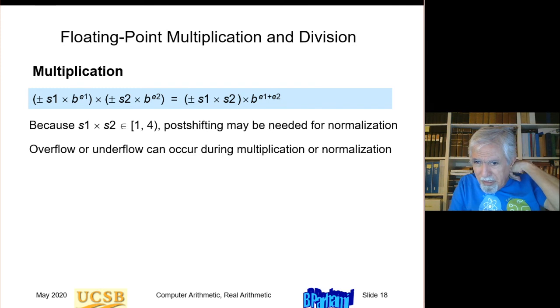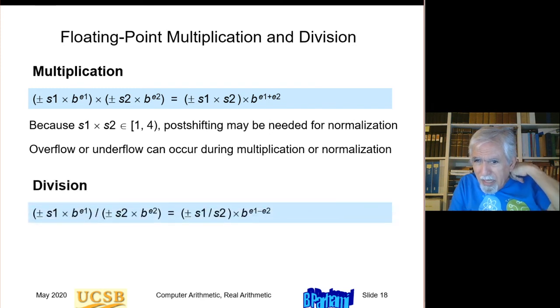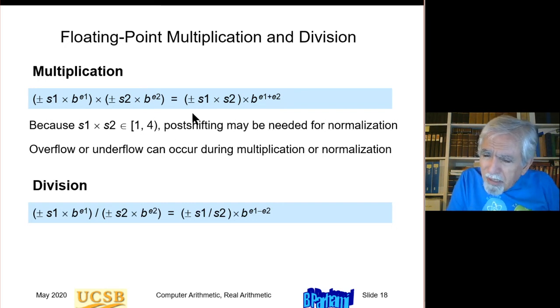Basically, you can divide the range 1 to 4 into two subranges, 1 to 2, which is a valid subrange, and then 2 to 4, which is too large by a factor of 2. So you do a right shift of the significand in that case, and you increase the exponent by 1 to compensate for that.